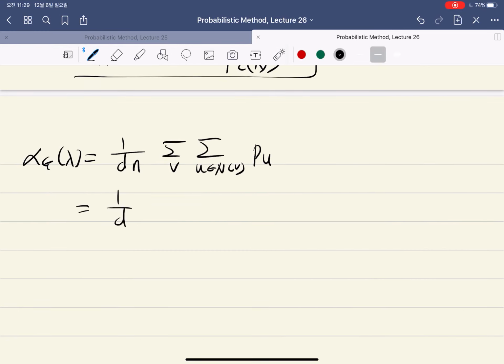And this is what? You take the expectation over all V, and you take the number of occupied neighbors here.